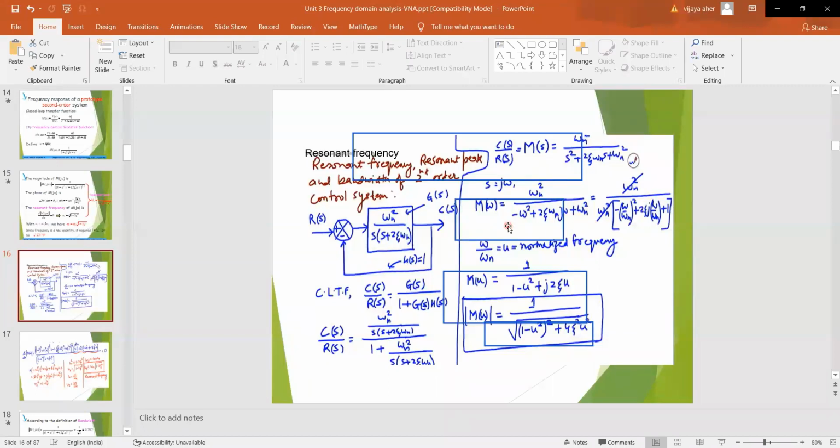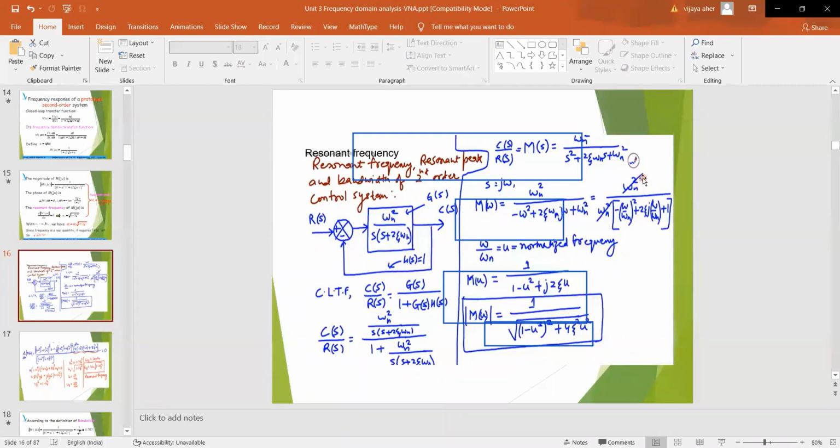While taking common, you divide each term by omega n square. So you get minus omega square divided by omega n square, plus 2 zeta into omega divided by omega n into j, plus omega n square divided by omega n square is equal to 1. So plus 1.